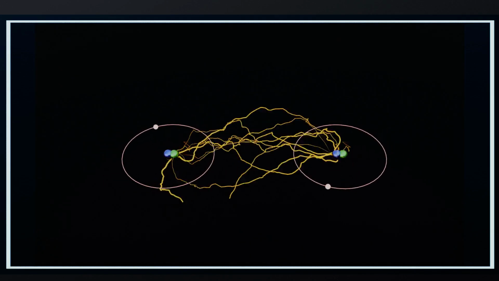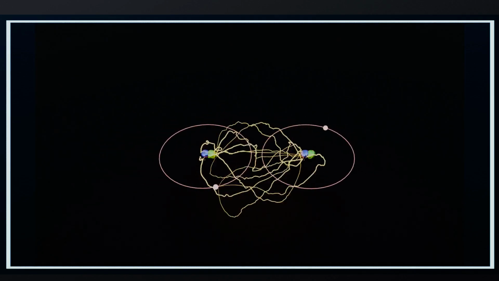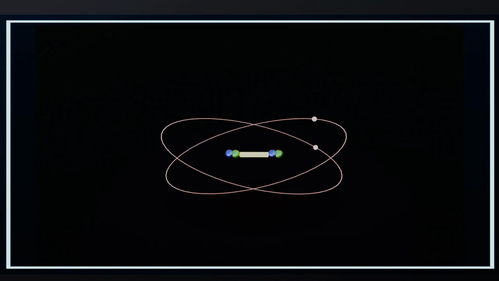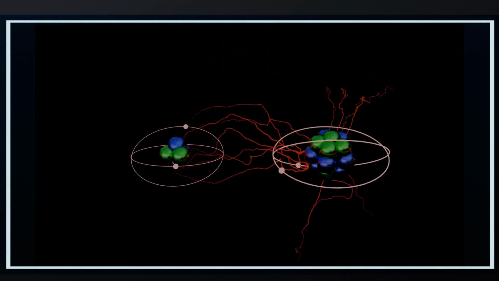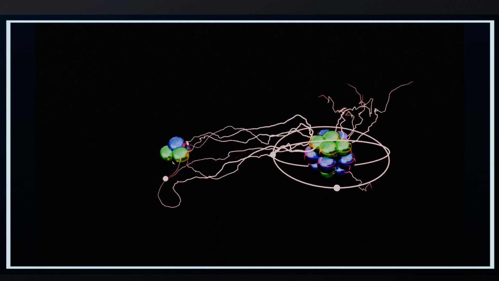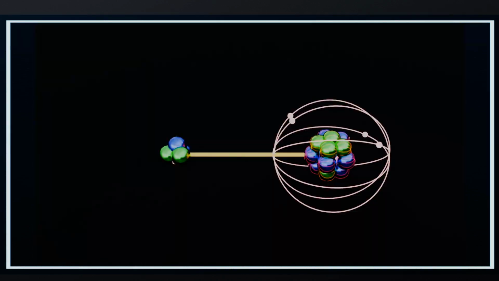Various types of bonds secure the atoms together. In a covalent bond, electrons are shared nearly equally between the participating atoms, as seen for oxygen and nitrogen. In other cases, some atoms may completely strip the electrons away from the other atoms. For example, when sodium bonds with chlorine to make table salt.